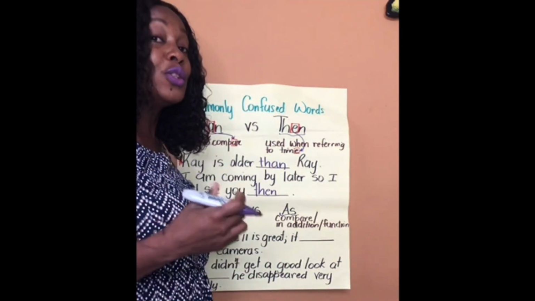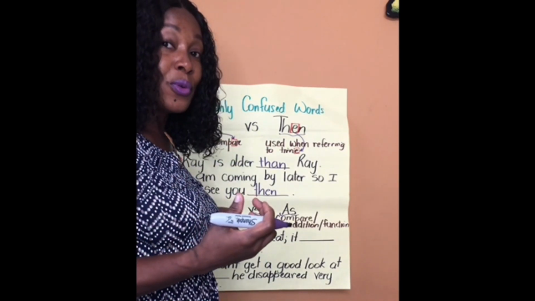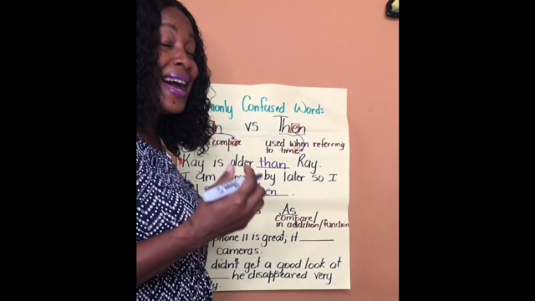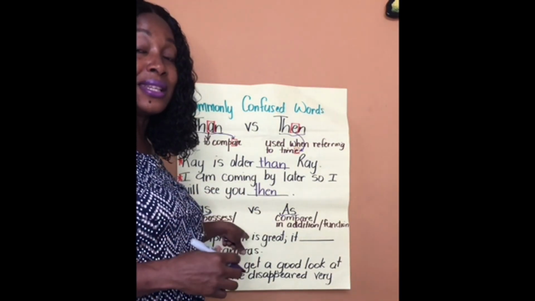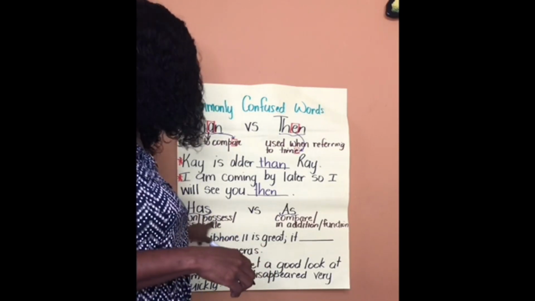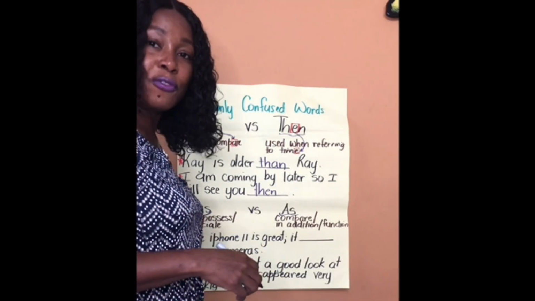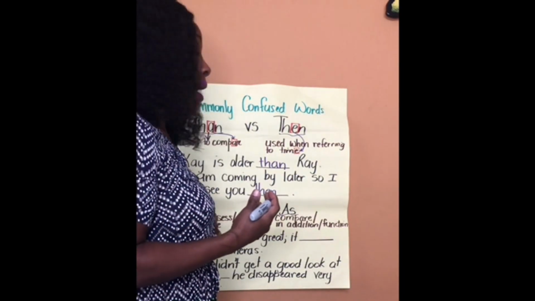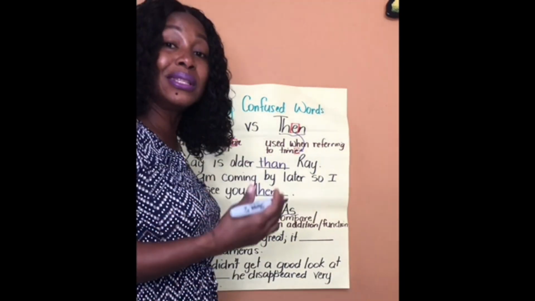Now, it is also a verb. Remember we spoke about auxiliary verbs. Has is an auxiliary verb. It also means to own or to possess something. If you own something, it belongs to you or you possess it. Has means you own something.